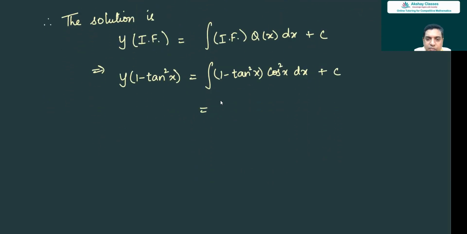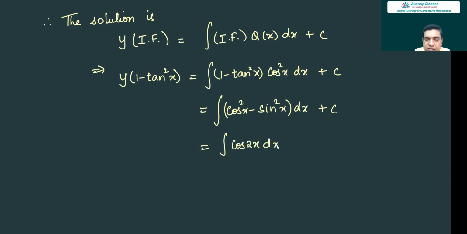So when we multiply, we get integral of cos square x minus sine square x dx plus c. Multiplying cos square inside. This is integral cos 2x. And integral of cos 2x is sine 2x upon 2.